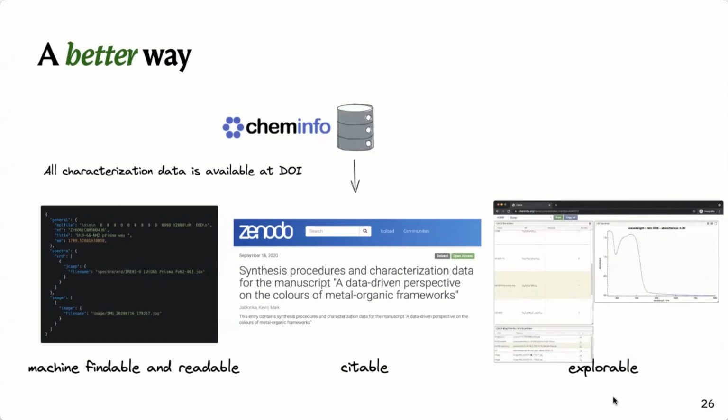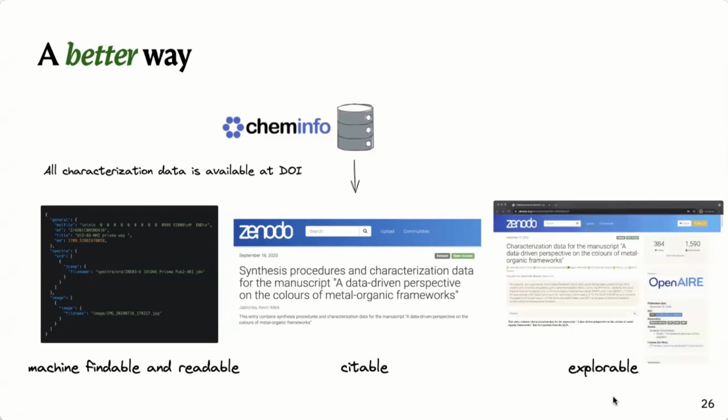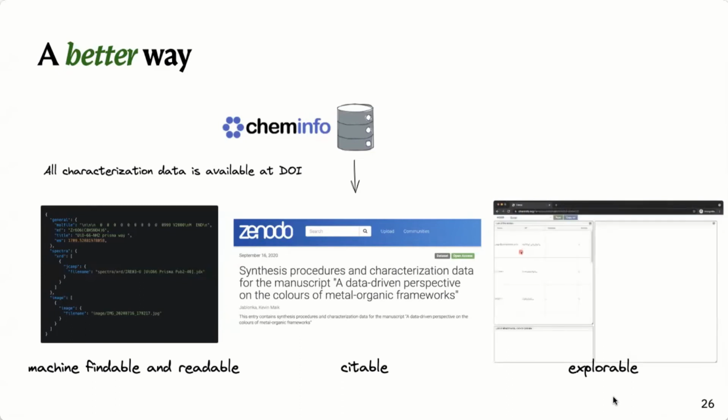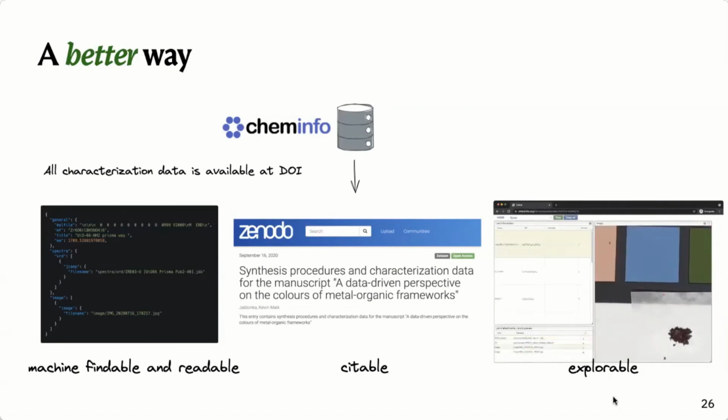So if someone follows this DOI in your paper, they will end up on Zenodo. And then there's another link they can click if they want to then explore all the measurements you report in this entry.